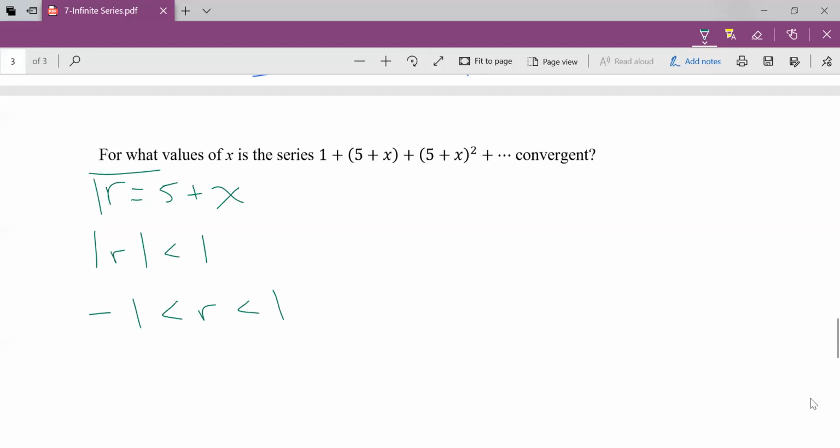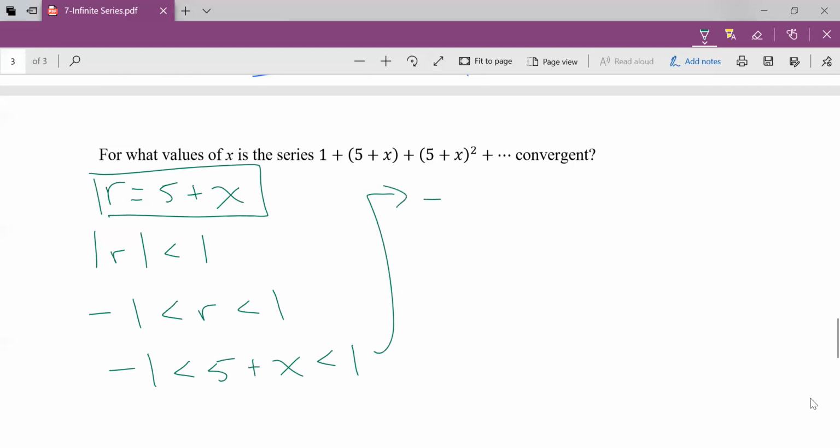Okay, so here's what I know. I know my ratio. So what I'm going to do is I'm going to sub my ratio into this inequality, just like that. And now I'm just going to solve. Really what I've got from here is I've got two parts. I've got this part, and I've got this part.